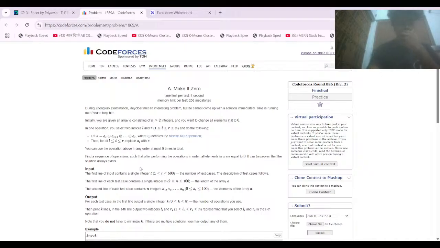You're given an array of n non-negative integers and you want to change all elements in it to 0.